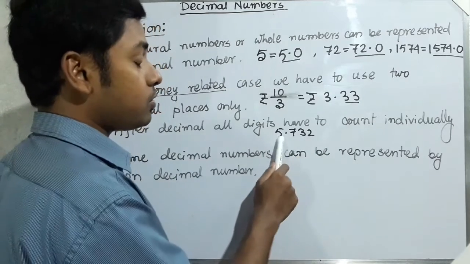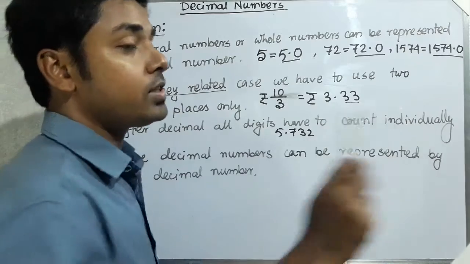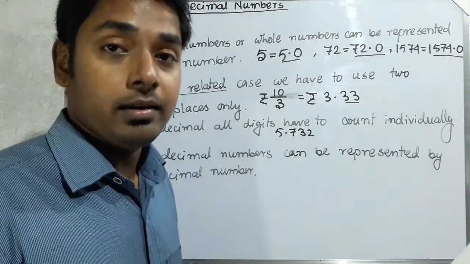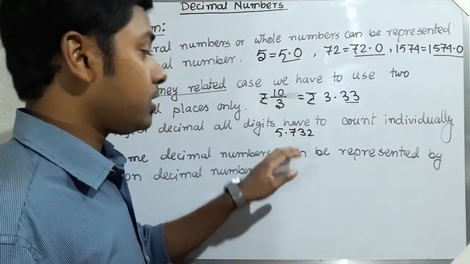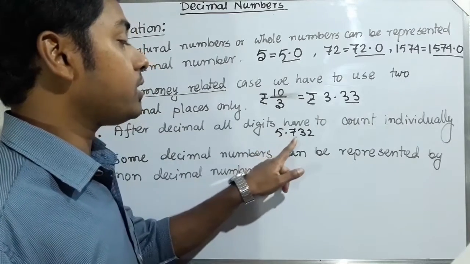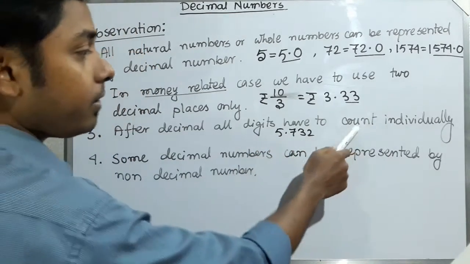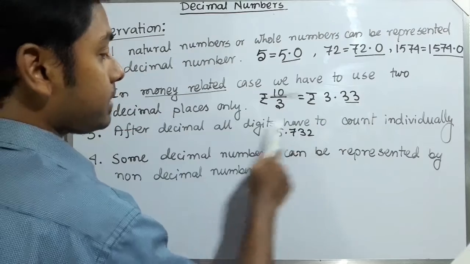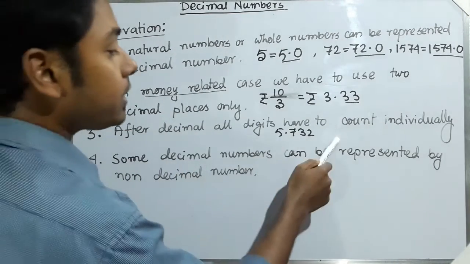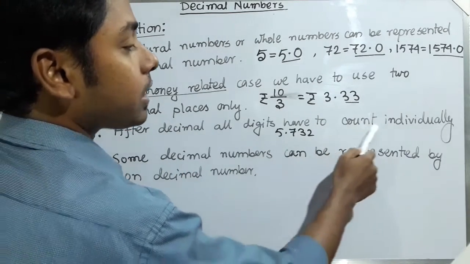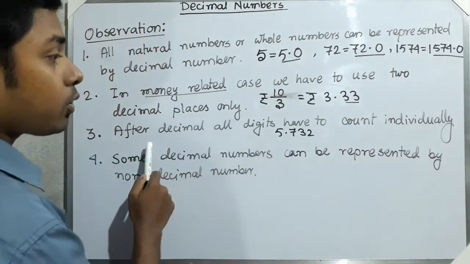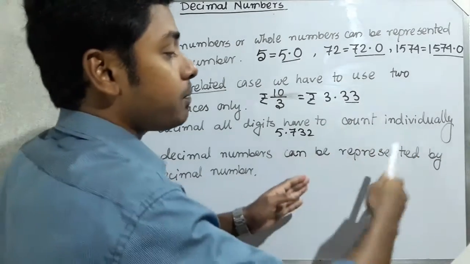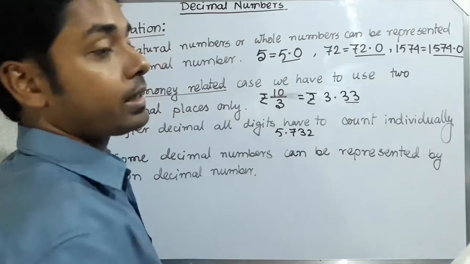And some students used to say 5.732 as five point seven hundred thirty-two, this is the wrong way. You have to ignore it. And how to read? 5.732. So that is what I've given here: count individually all the digits after the decimal. We have to count them individually, that means separately, 7, 3, 2, like this.